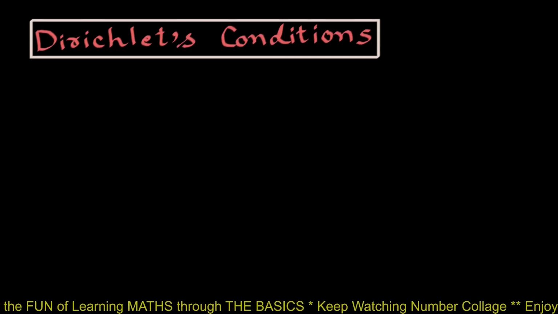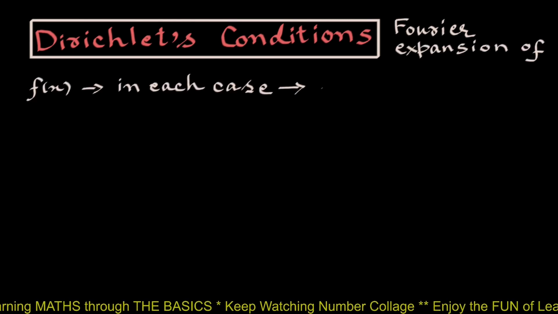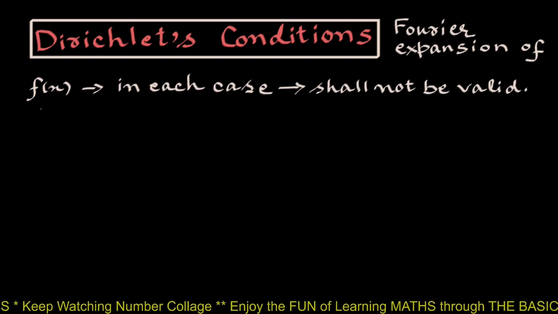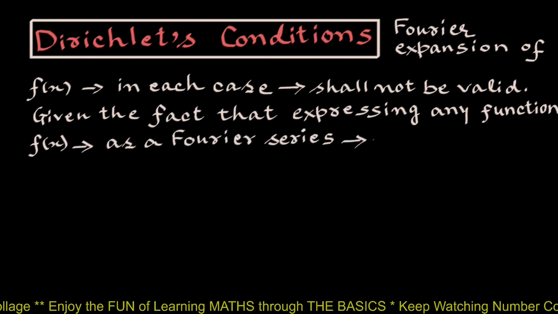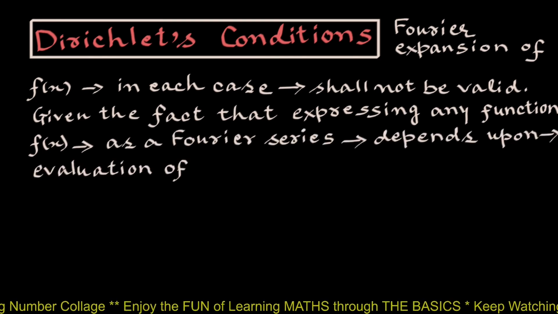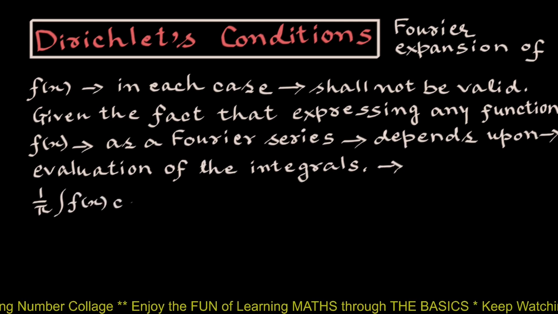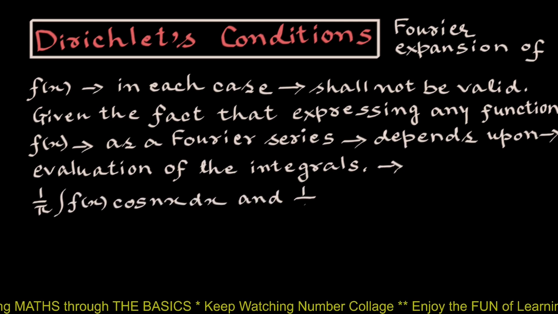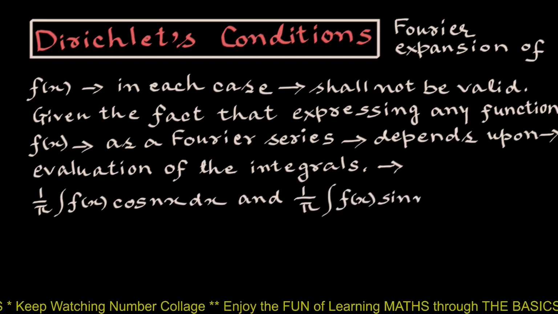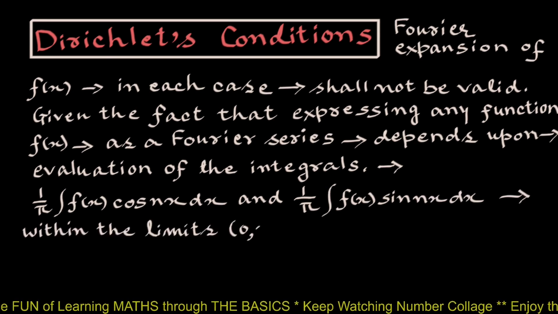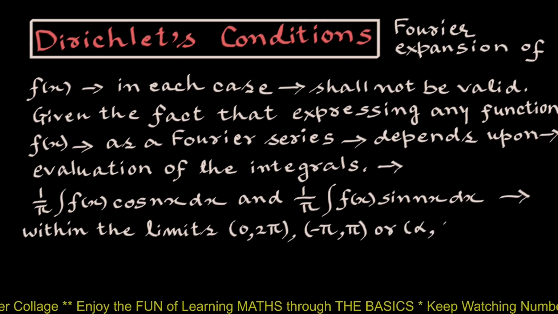It should be kept in mind, Fourier expansion of f(x) in each case shall not be valid, given the fact that expressing any function f(x) as a Fourier series depends upon evaluation of the integrals 1/pi integral f(x) cos nx dx and 1/pi integral f(x) sin nx dx within the limits 0 to 2 pi, minus pi to pi or alpha to alpha plus 2 pi.